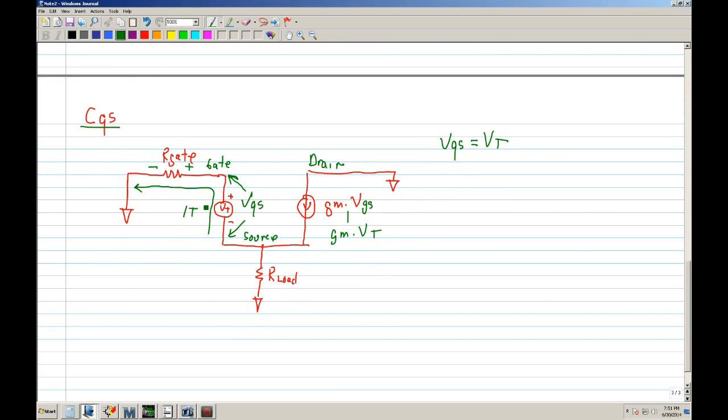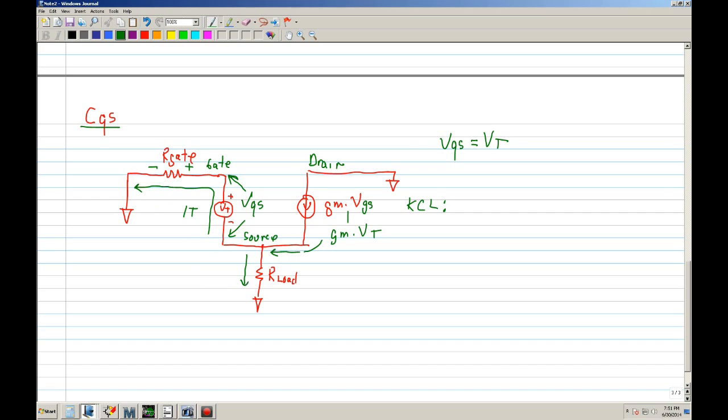And then what we can do is a KCL at the source. So let me go ahead and write that. We'll do a KCL of the current loops. So basically you're going to have this current coming in, which is GM VT, and we have IT going out.